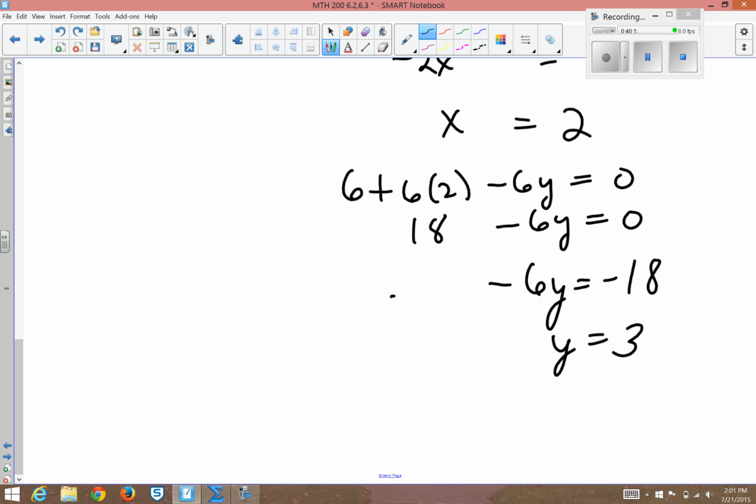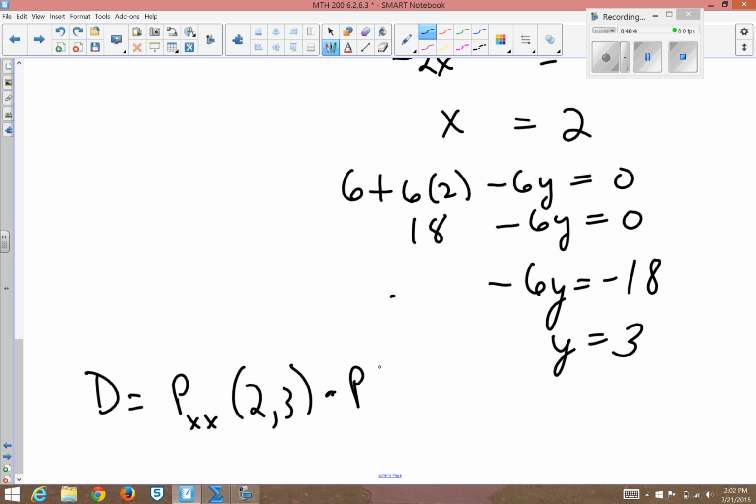All right, now we use the D test. The formula for D is the function's subscript xx evaluated at A, B. When I say A, B, I mean the x and y that we just found here. That's the solution to that system of equations.